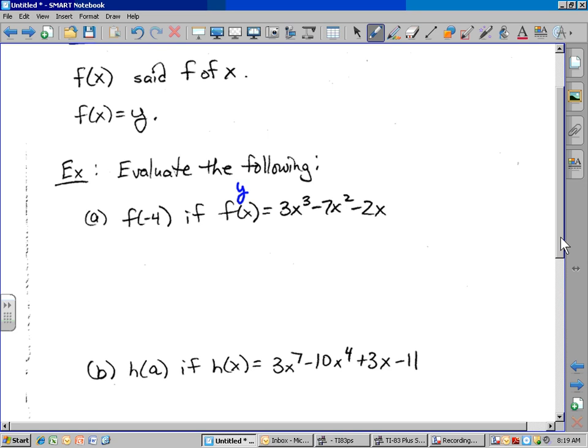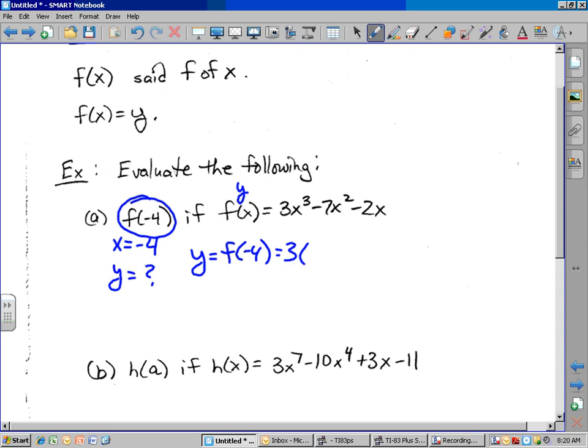Correct. See, f of x, what are we saying x is? We're saying x is equal to negative 4. We want to know what f of x is, so we're really looking for what's y. What's y when x is negative 4? Well, let's find out. F of negative 4, or y, is equal to 3 times.